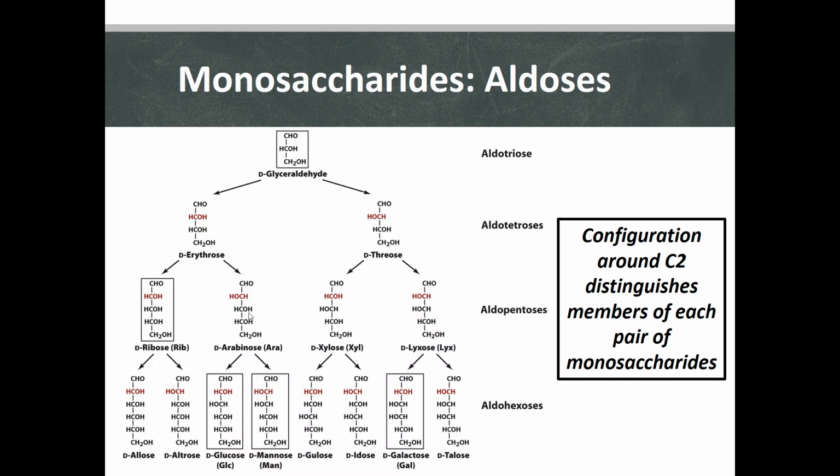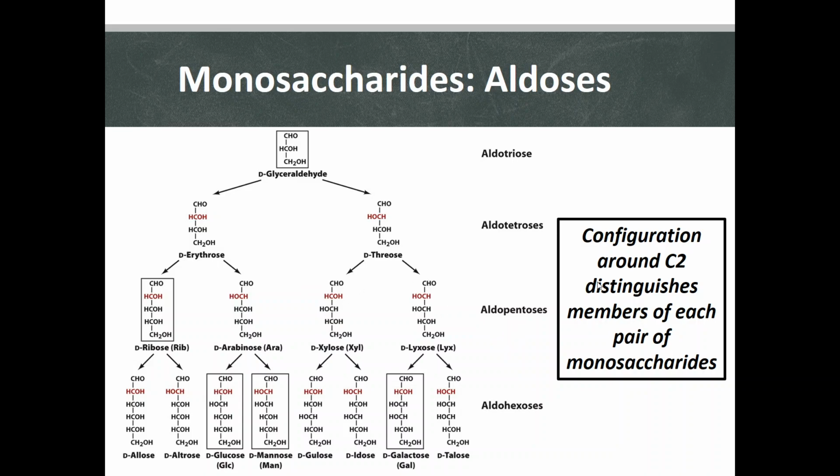So here you'll see these are both D configurations at carbons 3 and 4. These are retained from D-erythrose, whereas over here for threose you had an L and a D, so L, D. So you'll see how threose or erythrose, how this sort of propagates downward, but the newly incorporated chiral center can occur with only 2 different configurations, which defines ribose versus arabinose and xylose versus lixose.